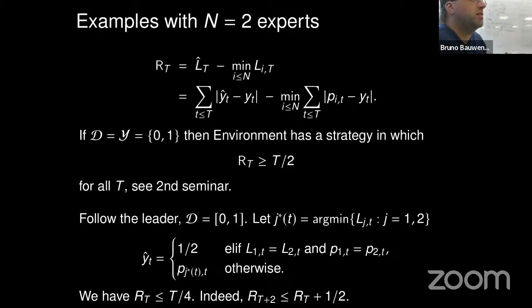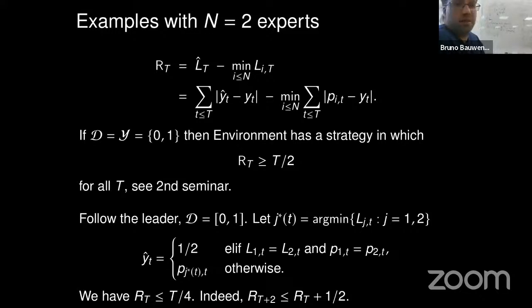That's the only case. And now the claim is that in every round with even index, we make at most T over 2 mistakes. The loss is at most T over 2. Sorry, I said it again: the regret is at most T over 2.